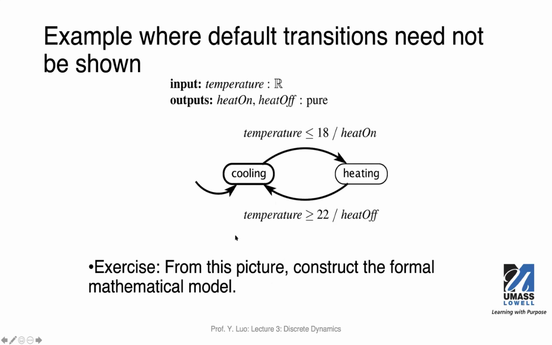That means we will use those 5 tuples to record the states, inputs, outputs, and update function, which means you need to use a mathematical description to describe the transitions from this graphical notation.